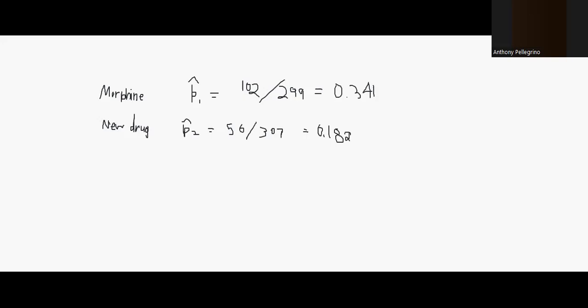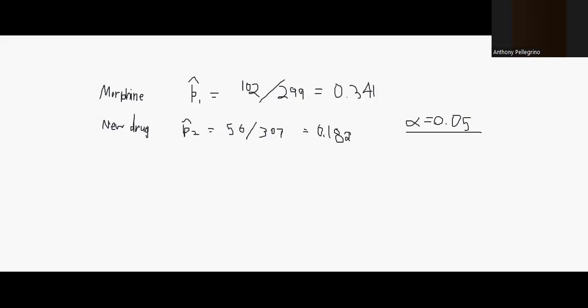So for this problem, we're using a 0.05 significance level, and we're using the p-value to test the claim that there's no difference in success rates between the two treatment groups.